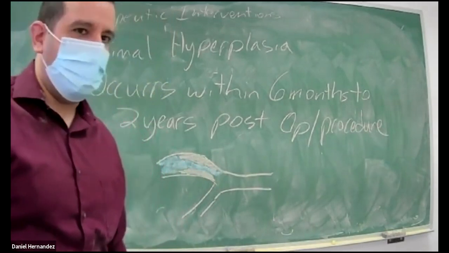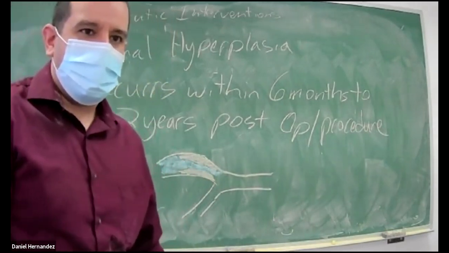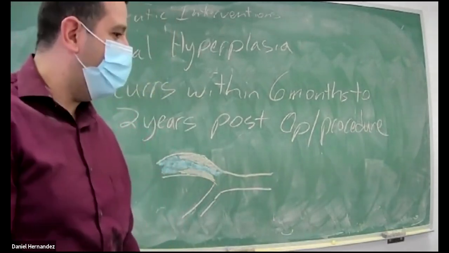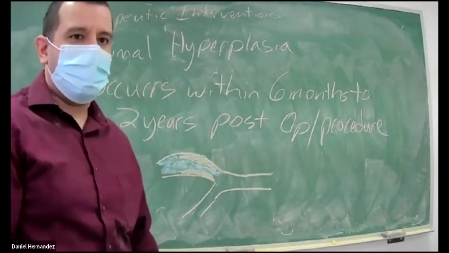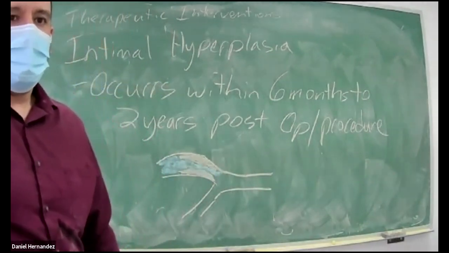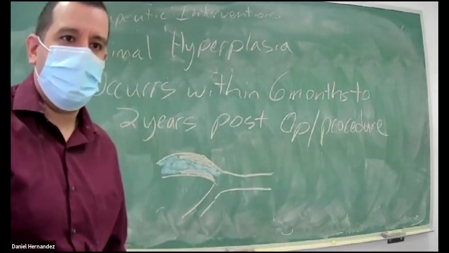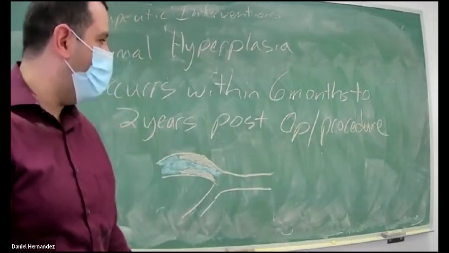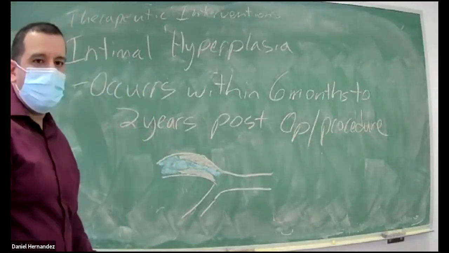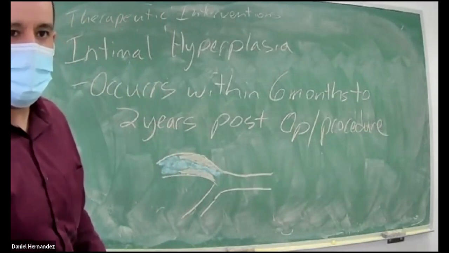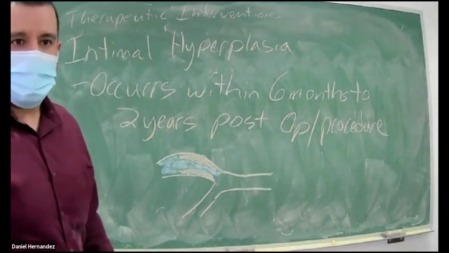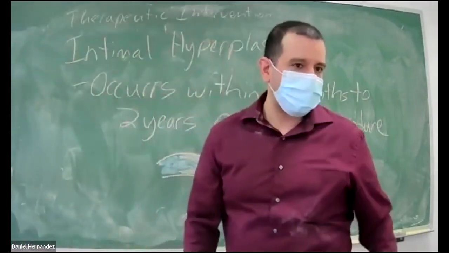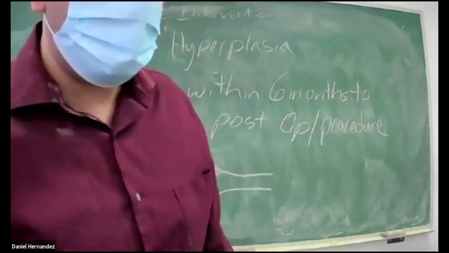Yes, that is a possibility. But reformation of plaque significant enough to create a high-grade stenosis again within 2 years is very unlikely. That's a process that's going to take more time. So that's how you really differentiate between intimal hyperplasia and the reformation of plaque, is that time frame.